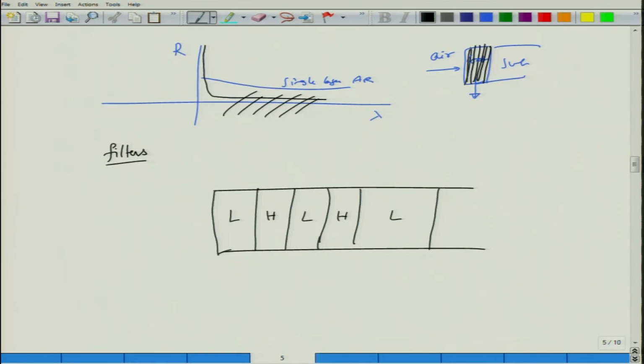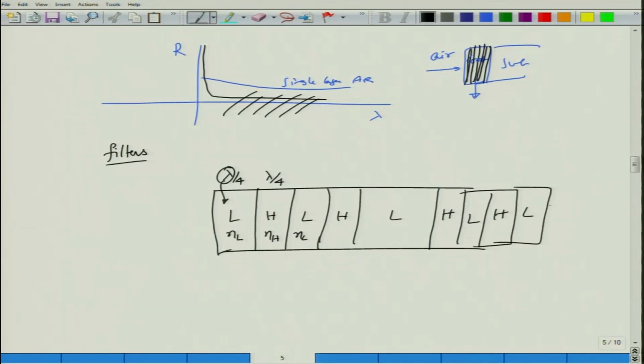I just picked low here arbitrarily, but you could have a high refractive index. Each of these layers is of lambda by 4 thickness, but please remember the lambda that we talk about is the lambda in the medium. So you will have to look at the corresponding refractive indices to find the corresponding lambda, and then do lambda by 4, and then follow up with the stack of alternating H and L.